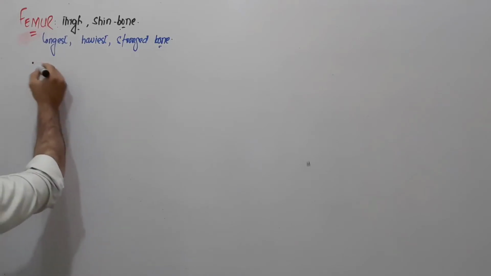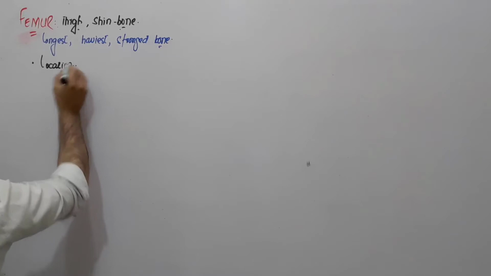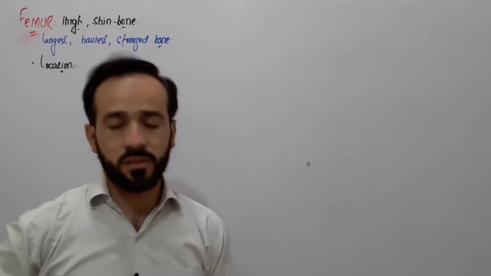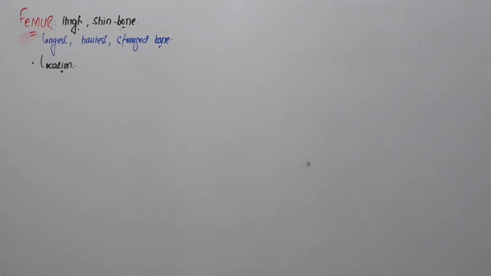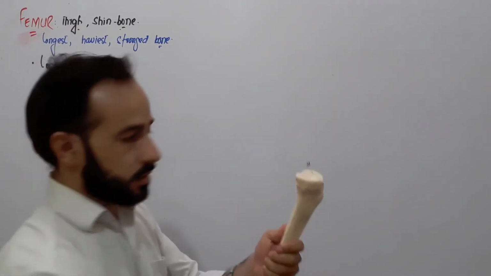What is its location? You can see that the femur bone begins at the hip joint and ends at the knee joint. This is our tibia, and this is the lower part of the femur bone, so the joint which both of them make is called the knee joint.